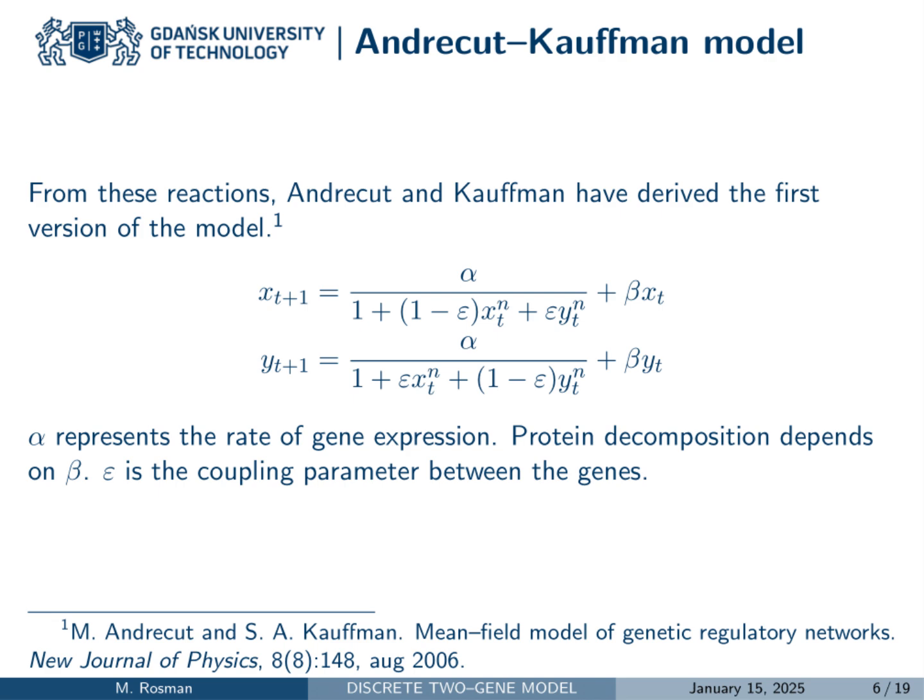Alpha is the rate of gene expression, beta corresponds to the decay of protein monomers, where higher beta means more stable monomers, and epsilon is a coupling constant. Epsilon equal to 0 means the genes are fully independent, and epsilon equal to 1 means they are strongly interacting with one another.